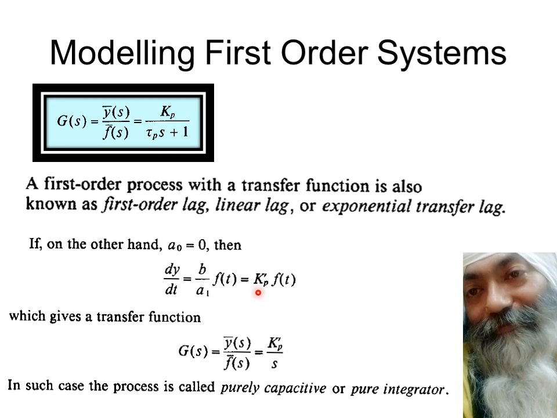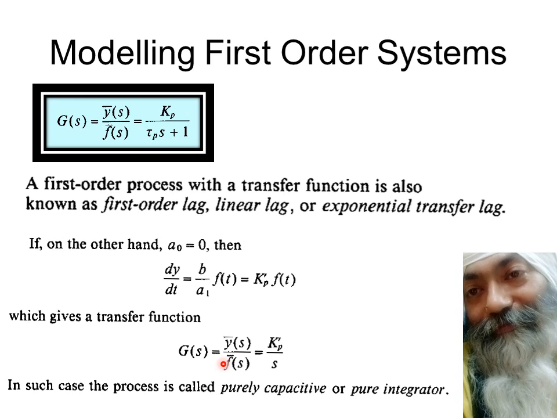So if I take the Laplace, then y in terms of deviation variable will get multiplied by s because of the term dy by dt, and the forcing function is anyway f, so this y comes with a bar and f comes with a bar, indicating that this is also in terms of deviation variables.